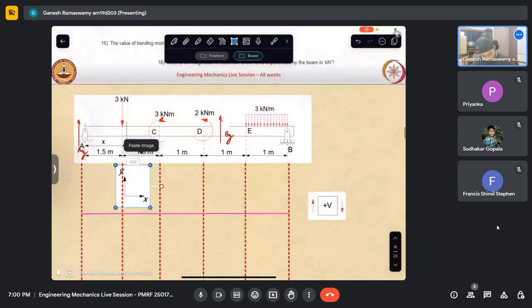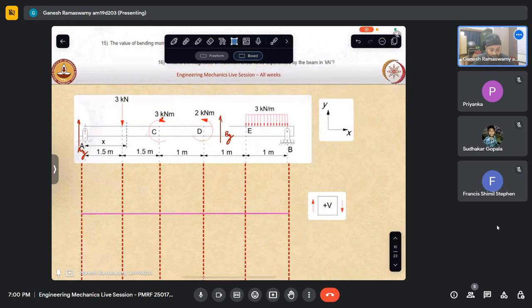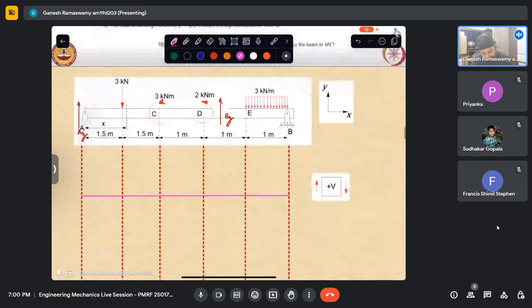This is my axis. When this is my axis and this is my sign convention, when X is moving in the positive direction, all I need to do is add up. So in this place, I know that AY is pointing upward, the reaction. So it goes up like that.